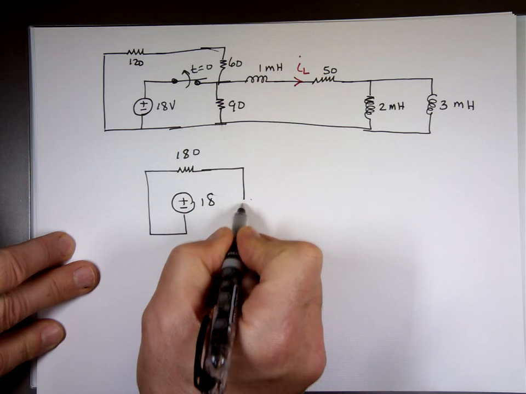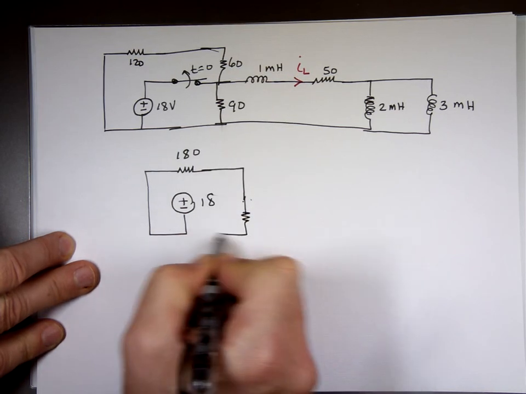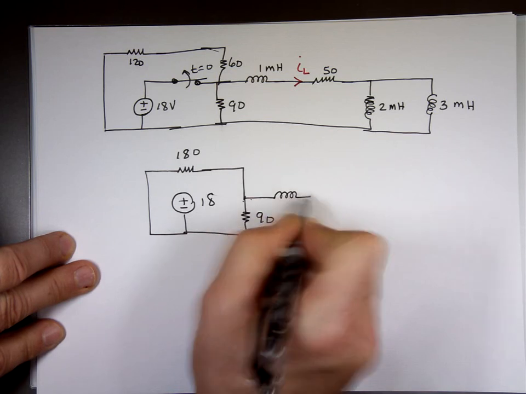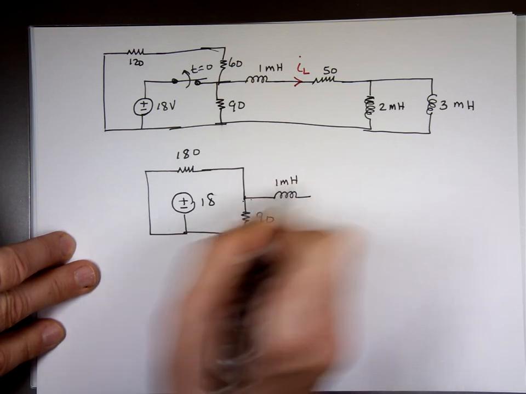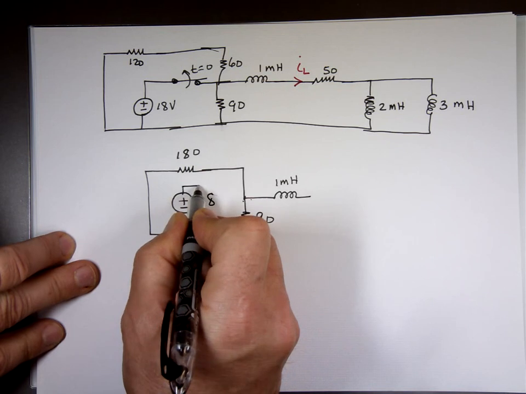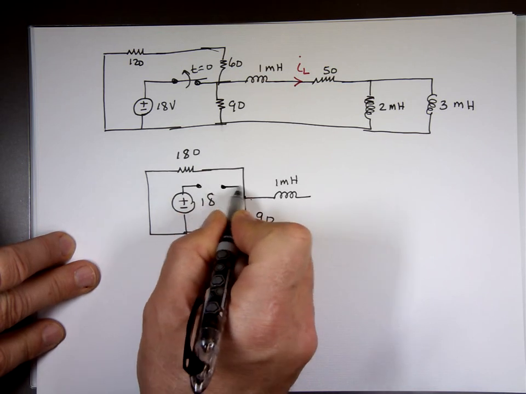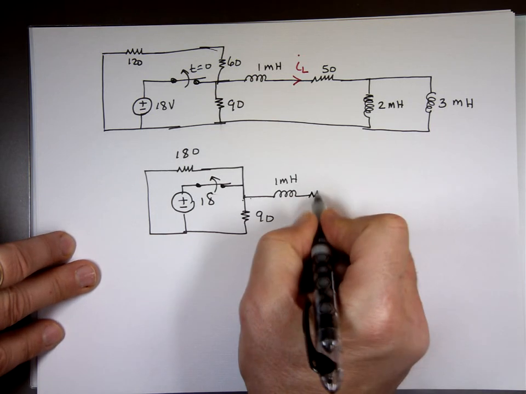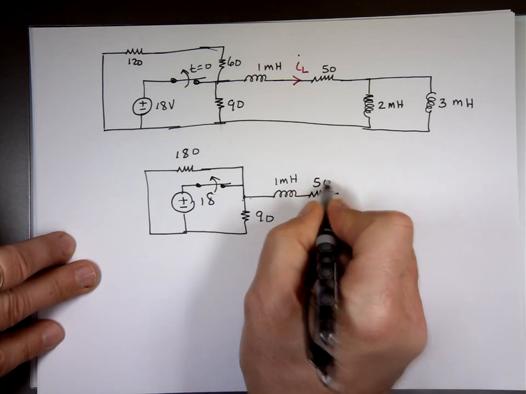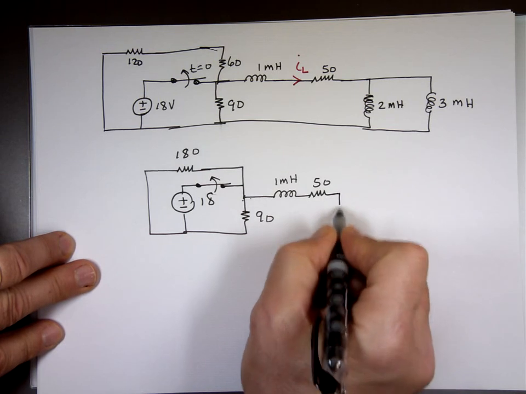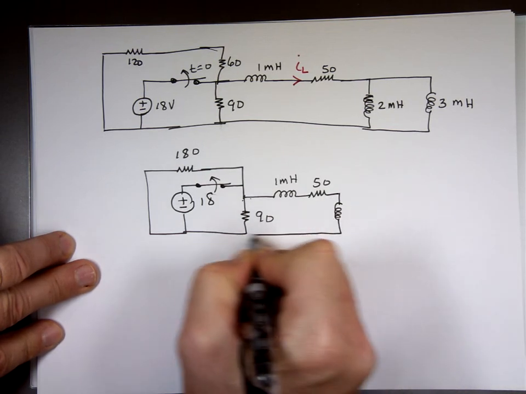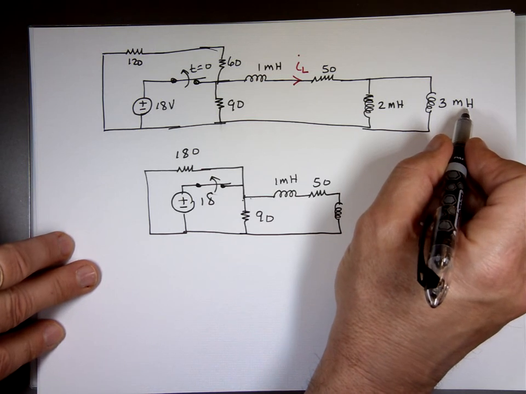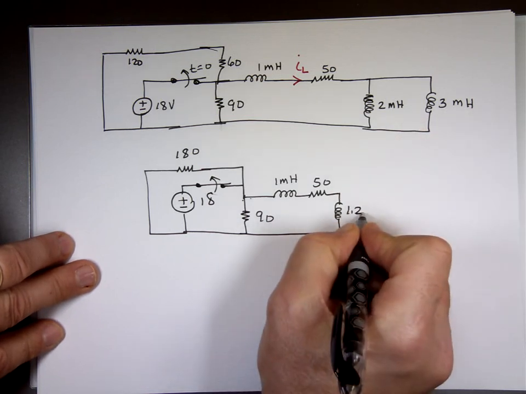That's 90. 1 millihenry. And we got what, 50? And I can take these two and make another inductor. What's 2 times 3? 6 divided by 5, is that 1.2? Millihenry? 6 over 5, 1.2, I think.